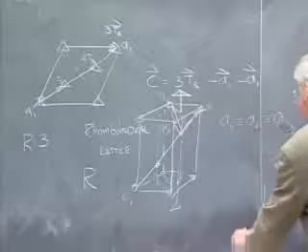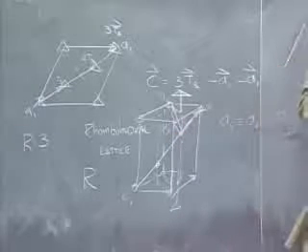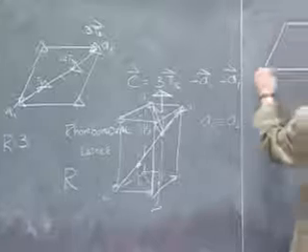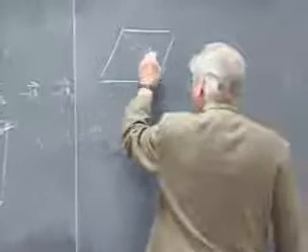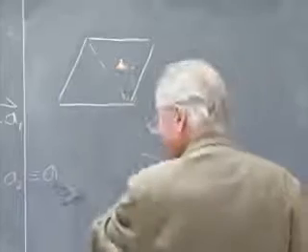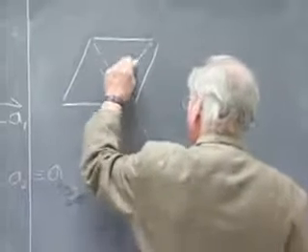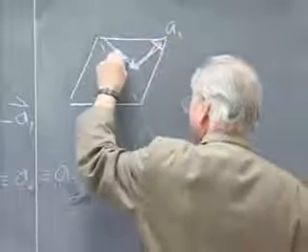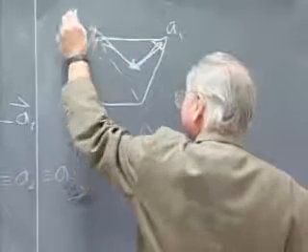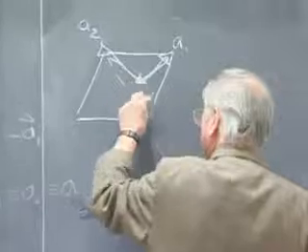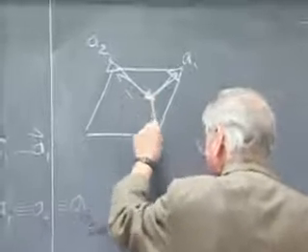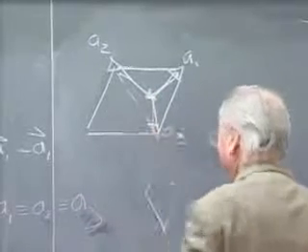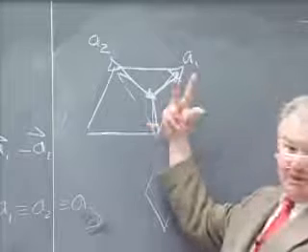So let me draw it in projection. It's easier to see. Here's the outline of the hexagonal net. Here's the threefold axis. And I've taken A1 coming up like this. I've taken A2 coming up out of the board like this. And I've taken A3 coming out like this. Okay, so these are the 3 edges of a rhombohedron.